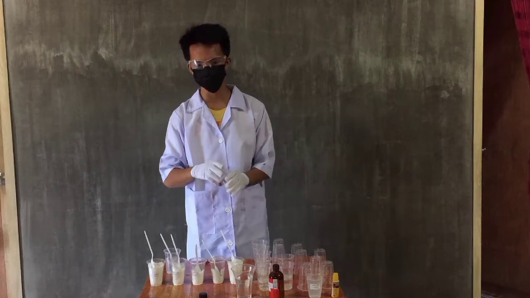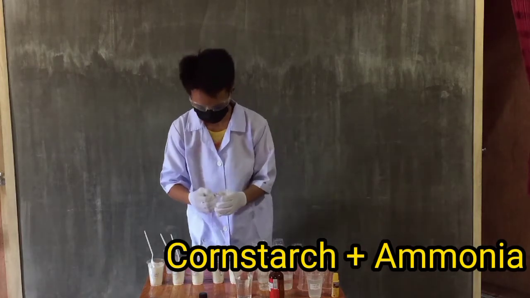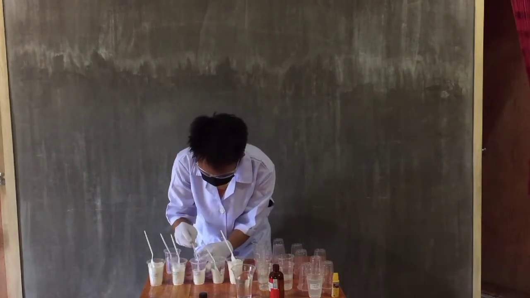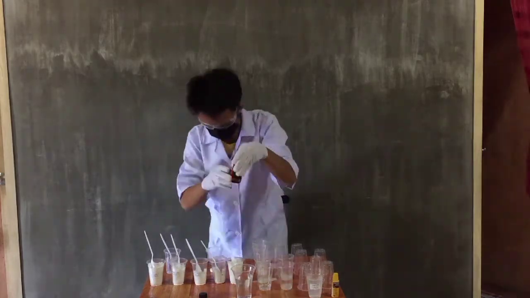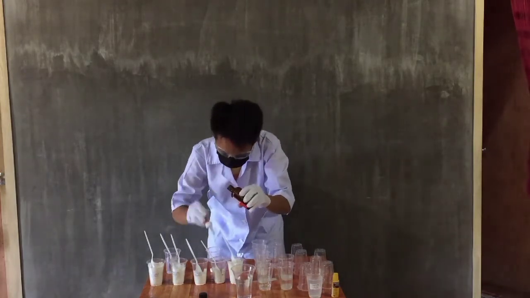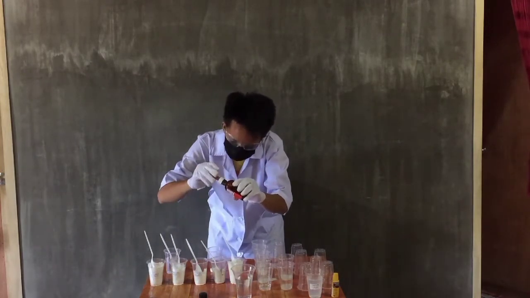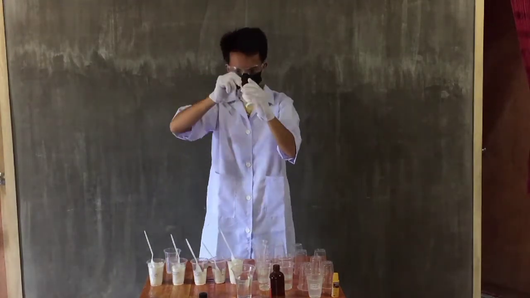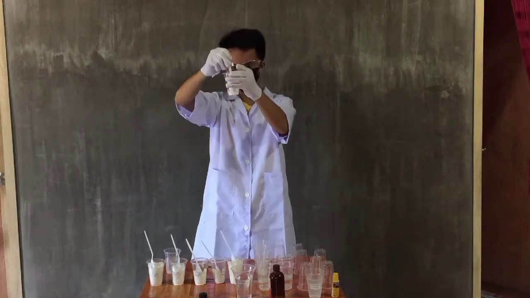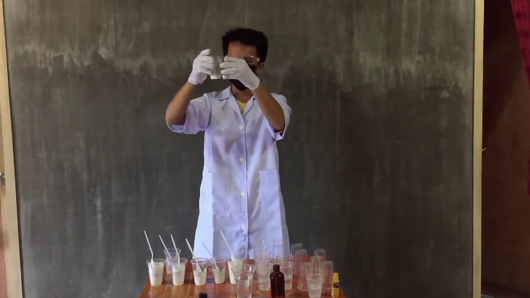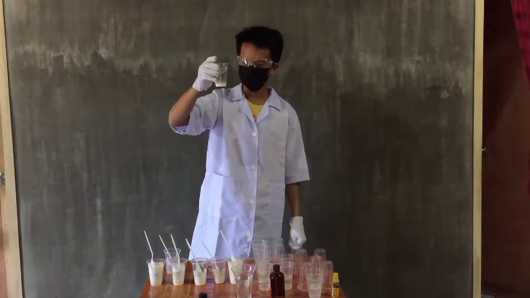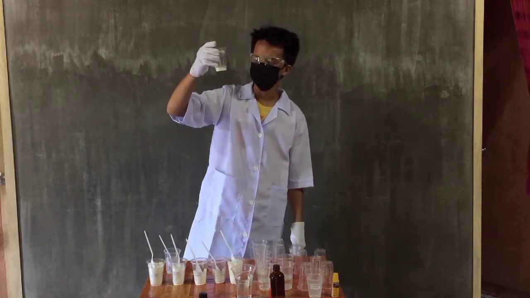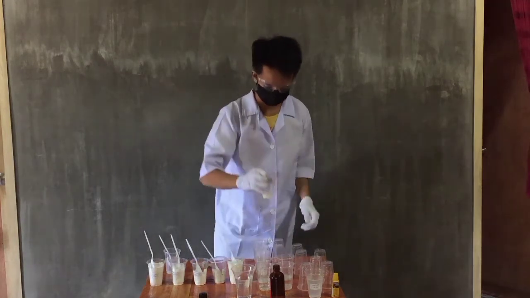The next one is the cornstarch and the ammonia. Now as you can see, the ammonia and cornstarch mixture produce a white precipitate.